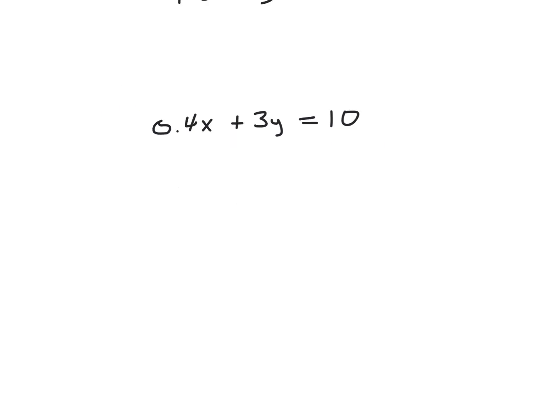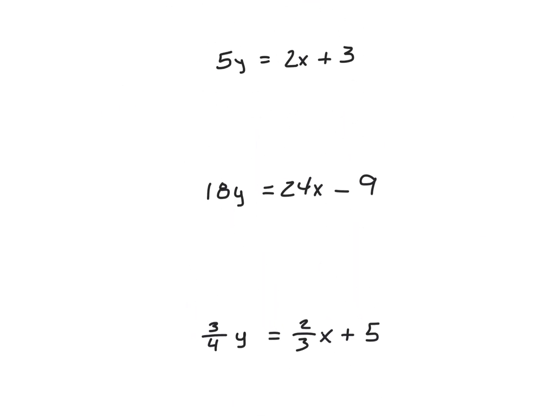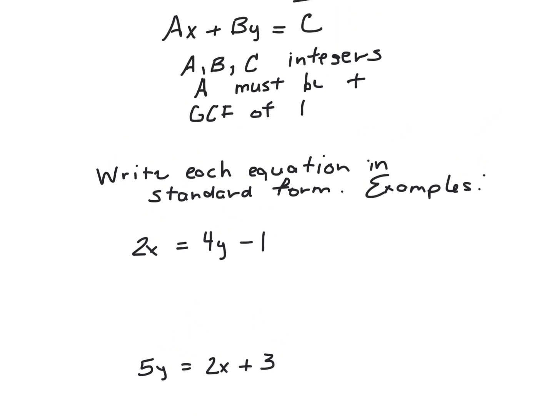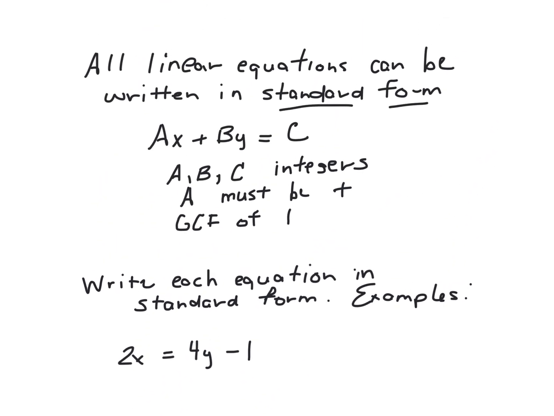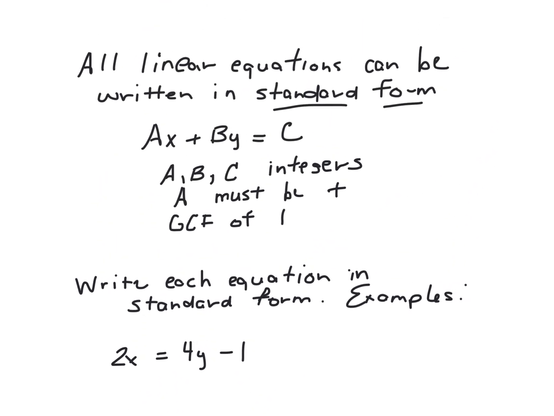Now today, we're going to be talking about writing equations in what we call standard form. And all linear equations can be written in standard form, which is ax plus by equals c in this form. To be in standard form, a, b, and c must be integers.